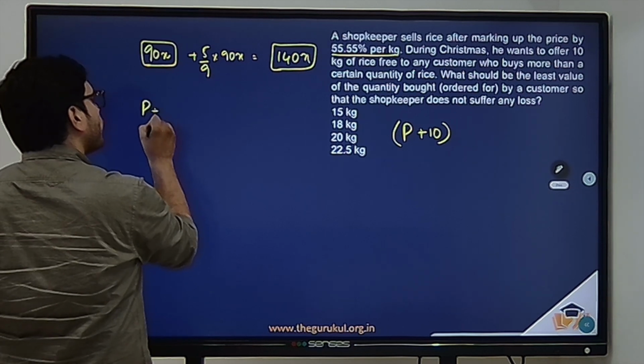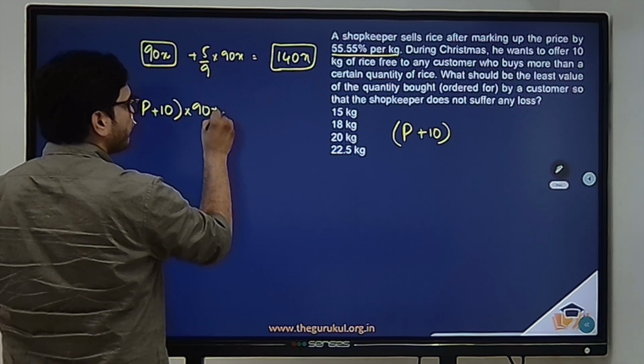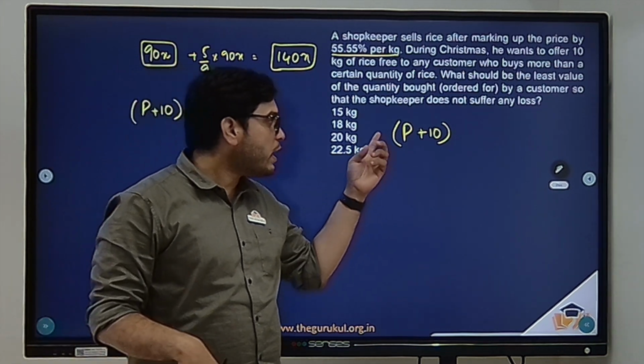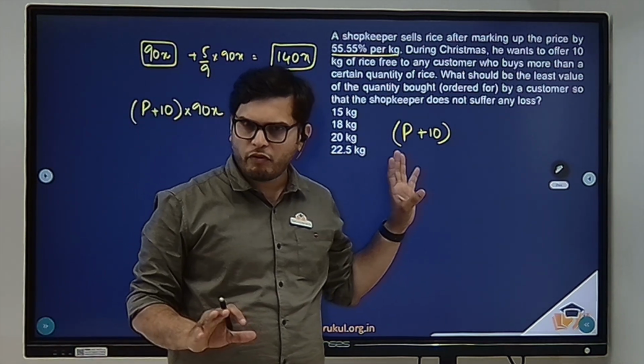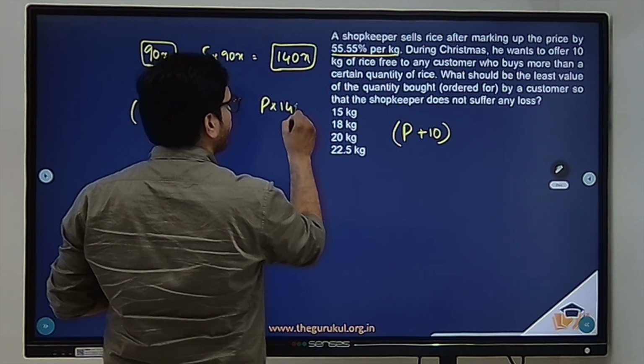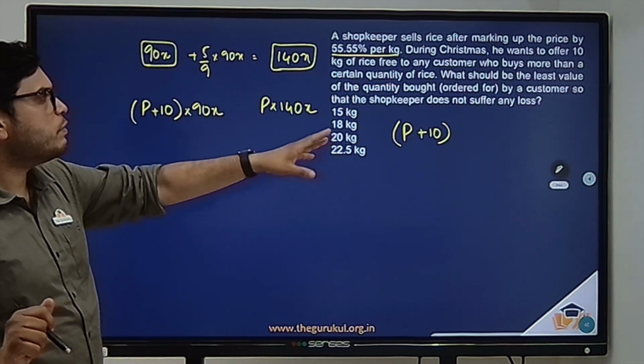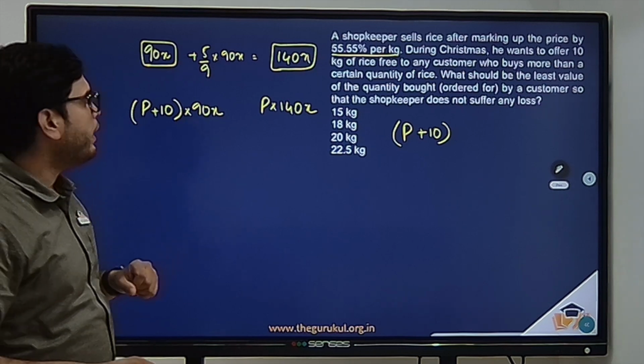Now, the cost incurred by him would be P plus 10 into 90x, but he would be charging for only P kgs of rice, and the charging rate was 140x, so P into 140x. Now, what should be the least value of quantity bought by a customer so that the shopkeeper does not suffer any loss?